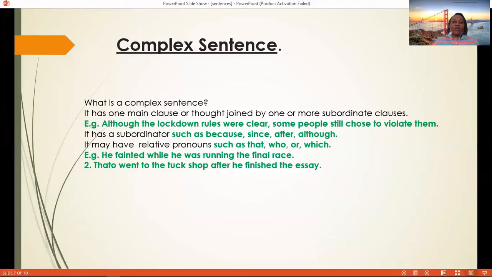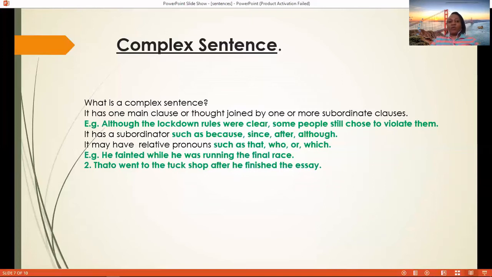Right, we move on to our example. Although the lockdown rules were clear, that is our subordinate clause. Some people still chose to violate them. Subordinate clause comes first there because it cannot stand on its own and make sense.